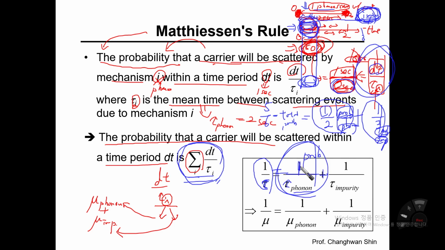This one is matched to the time window from 0 to 1 second, you may think of it as a 1 second time interval, but in your textbook maybe it is described as dt. dt indicates the time interval that you are looking at, but just to make your life easier, I used 1 second as dt. Even if you use dt, you can cancel those three dt's, and you end up with 1 over tau is equal to 1 over tau phonon plus 1 over tau impurity. Okay, we're almost done.